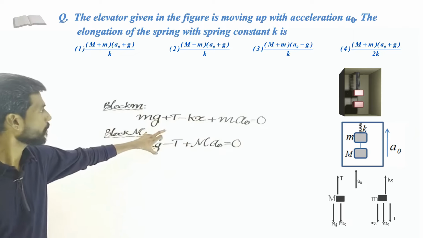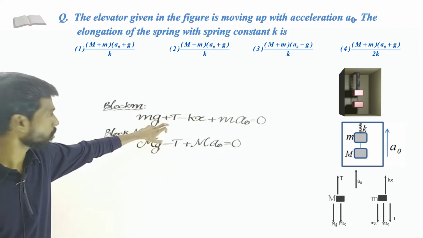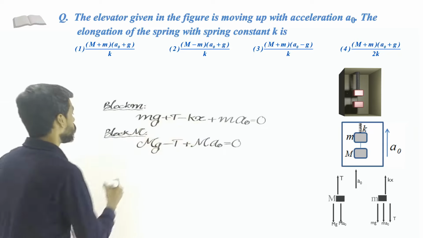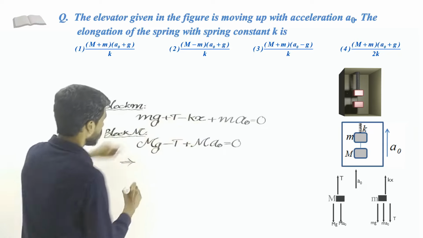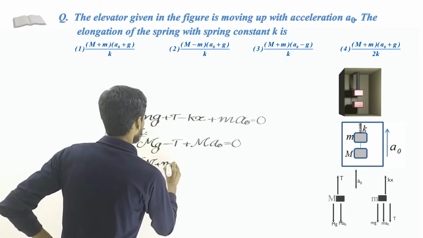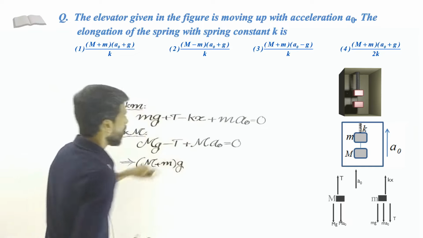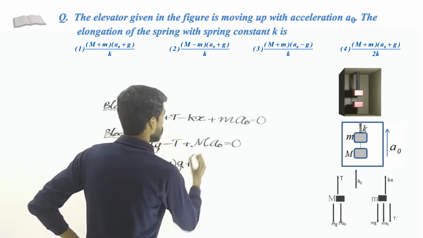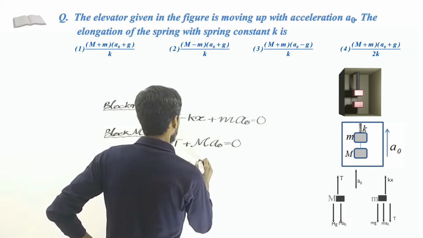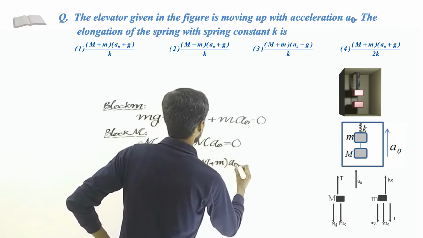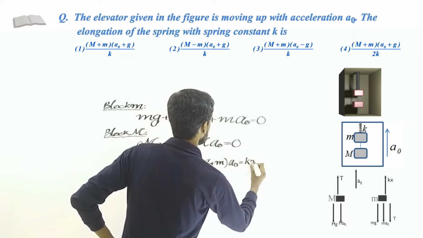So to eliminate this T, since we want to find the x value, we just add these two. If you add these two, we'll get (m plus M) multiplied by g, minus kx, plus (m plus M) a0, which equals 0.